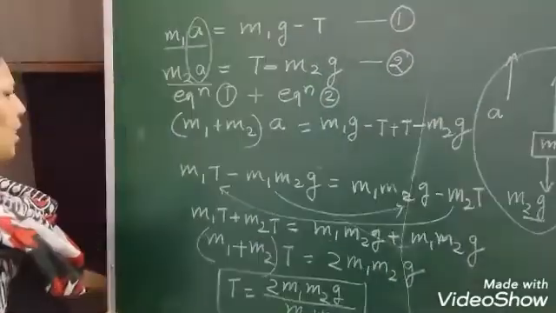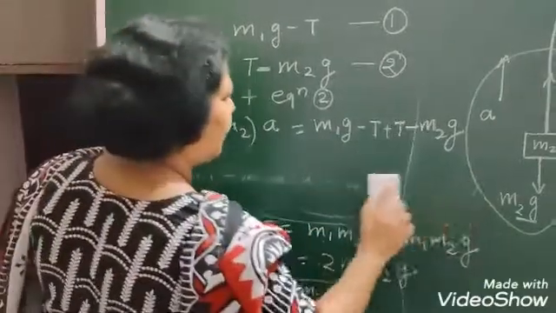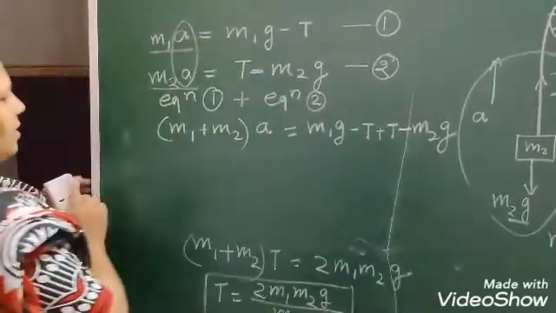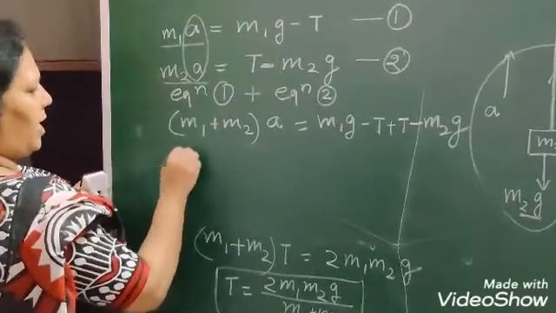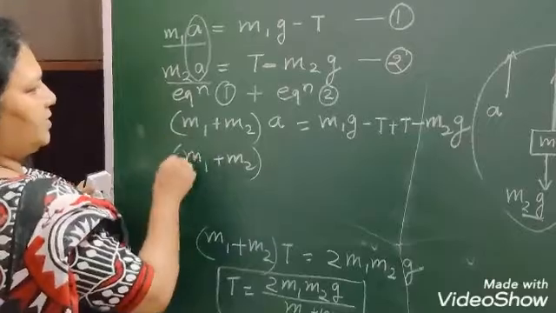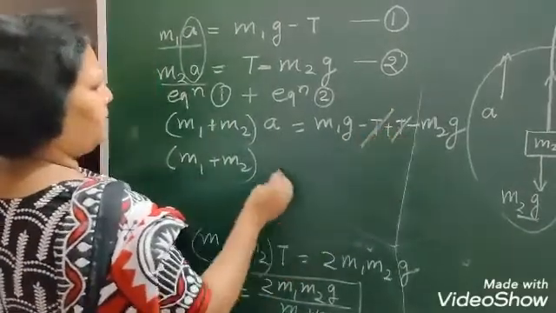Okay, now we'll see, this is a(m1 plus m2), and this T would be cancelled, plus and minus.